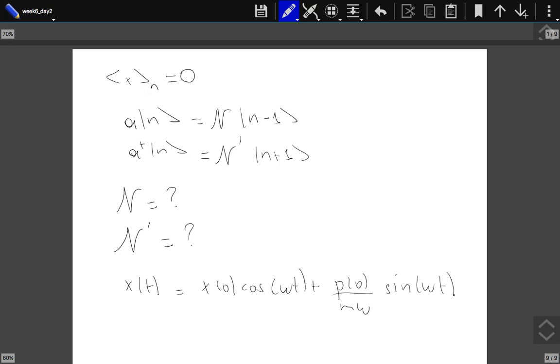So how can these two claims be compatible? What is the classical limit, so to say?